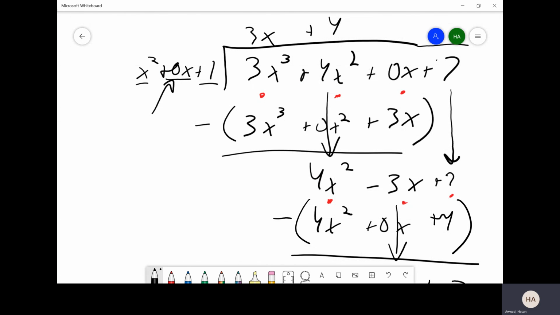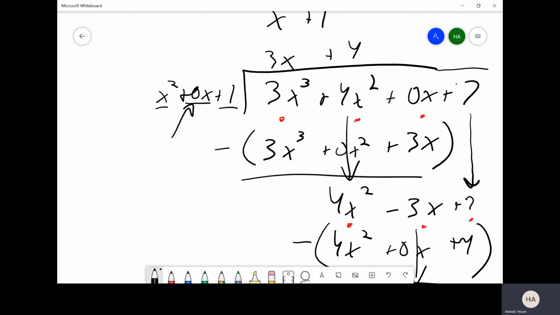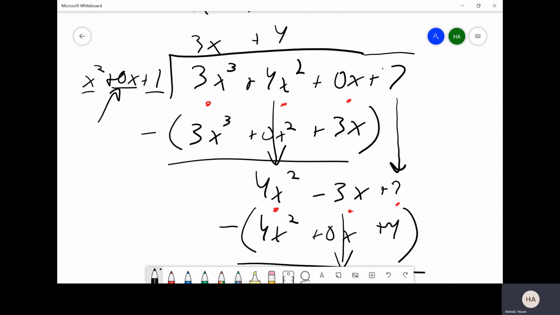So notice that we also did have the 7 here to make this work out. The entire idea that I'm trying to convey here is that, whenever possible, to make it easier to conceptualize, however many terms you're dividing by, that's the number of columns that are going to be impacted at a time. So again, we have x squared plus 0x plus 1.